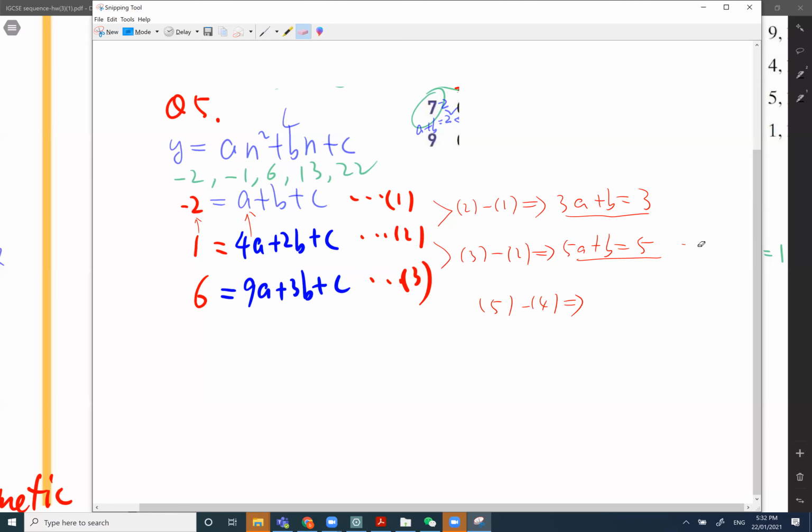And if you minus them again, we got 2a equals 2, a equals 1. If a equals 1, put this one back into the equation. What's b? Put everything into this equation: a plus b plus c equals -2. What's c?